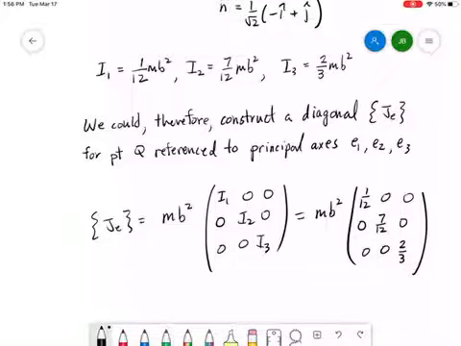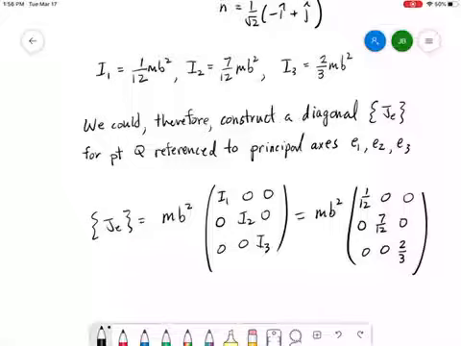Now it must be that if I rotate my object in a particular direction, say the omega vector is along the x-axis, I must calculate the exact same angular momentum whether I'm using the rotational inertia tensor for the XYZ system or the rotational inertia tensor for the E1, E2, E3 coordinate system. And so what I'd like to do is verify that that is in fact true.